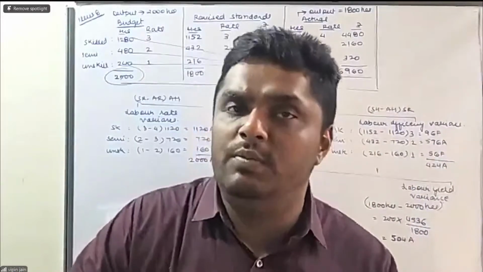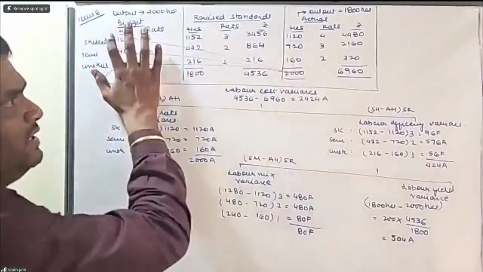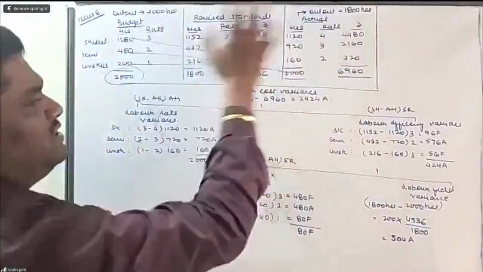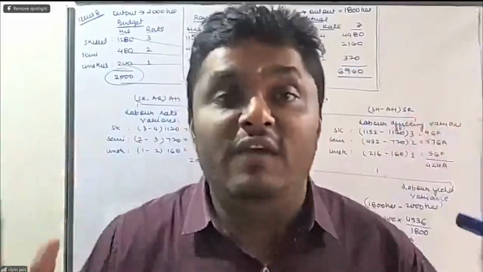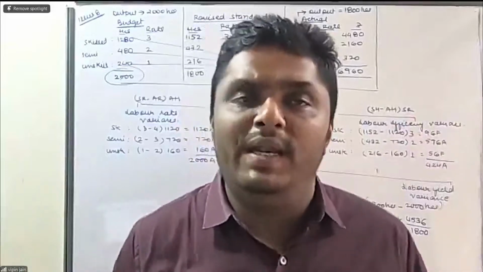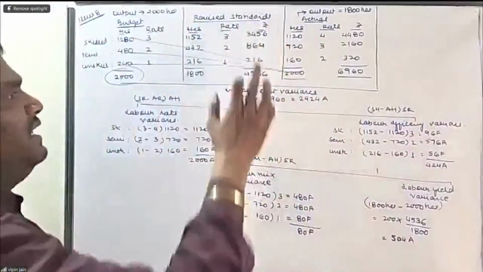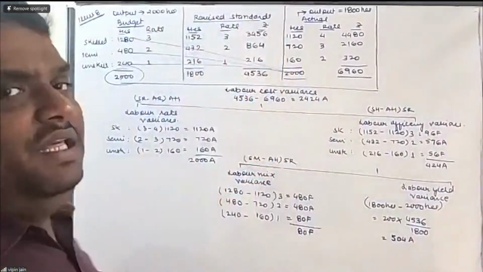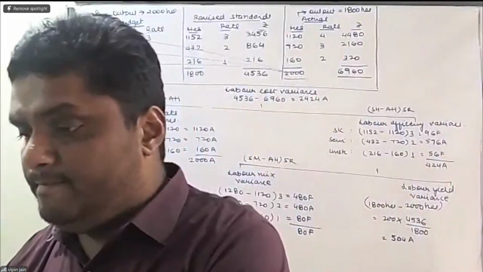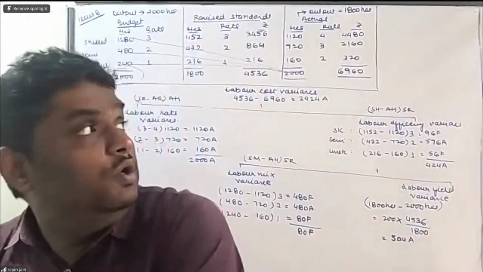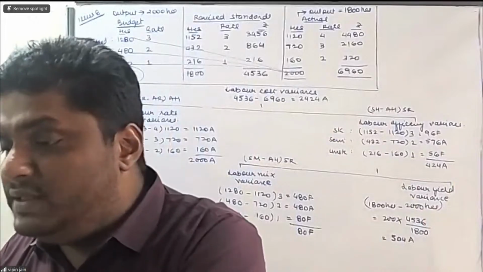That is, first write budget, then write actual. Just check if these two figures are comparable, go ahead straight away. If these two figures are not comparable, we have to prepare revised standard. Once revised standard is ready, now we can solve any type of question. So giving you 2 to 3 minutes time to copy the solution.